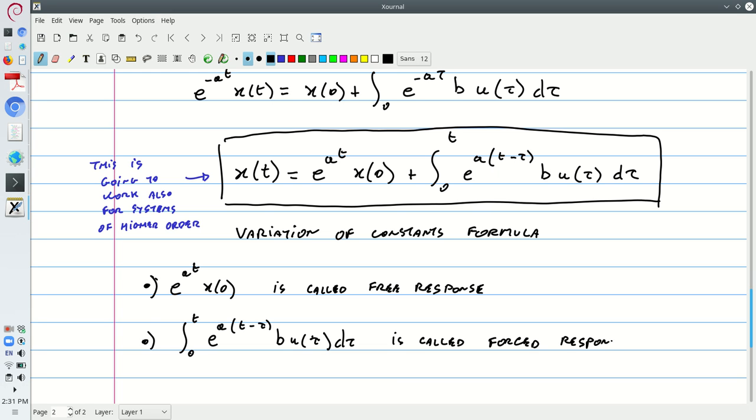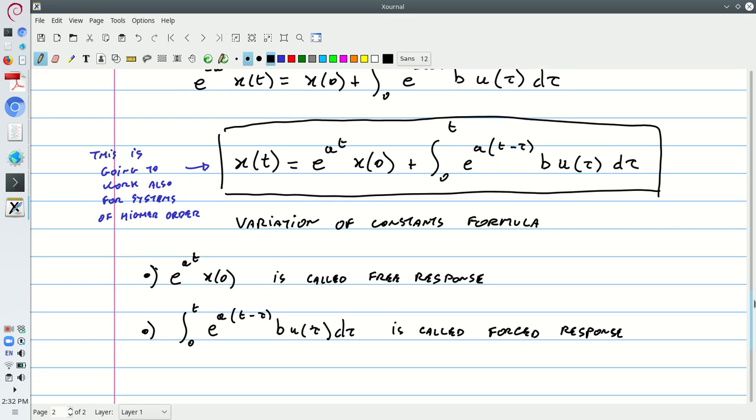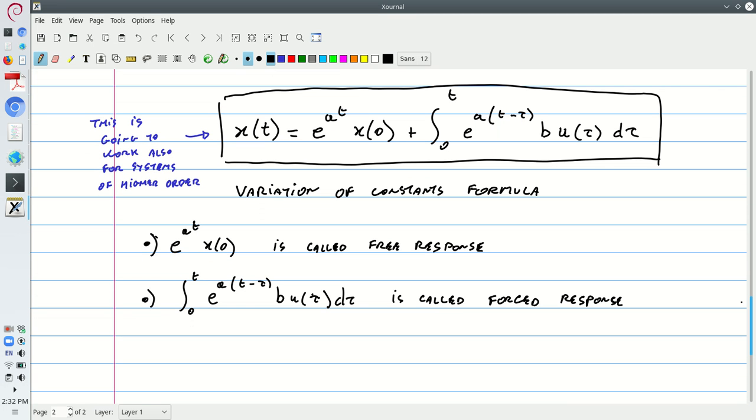It is the response that you would have if you had no initial condition, so x0 equal to 0, so the free response would be 0. Then in that case you would only have this integral, and this integral depends on your u of tau. So this is the part of the response that your system gives you when you're injecting a certain input u of tau.